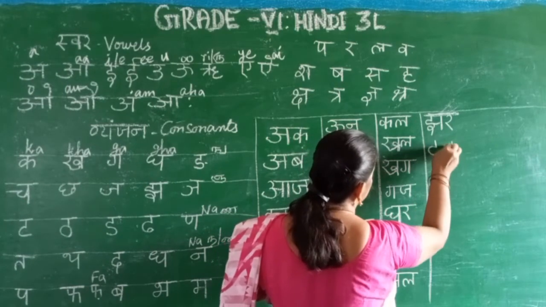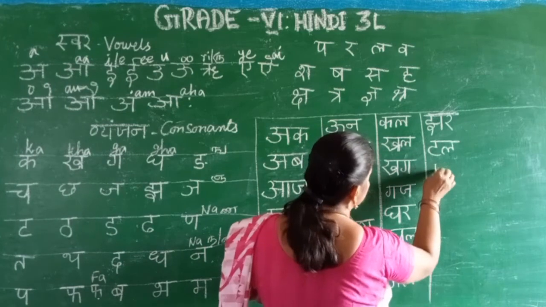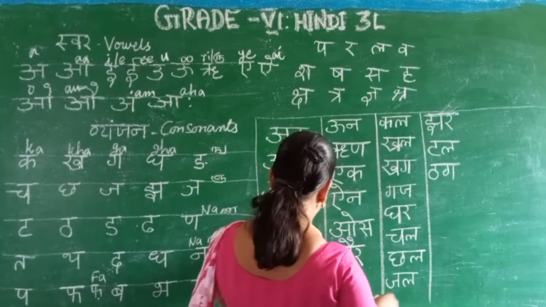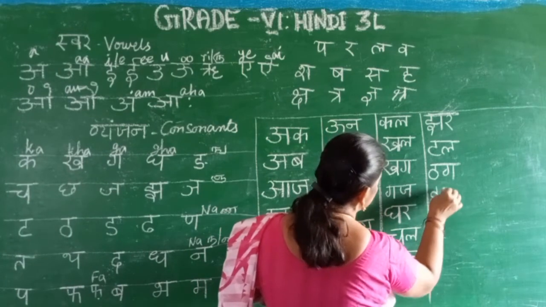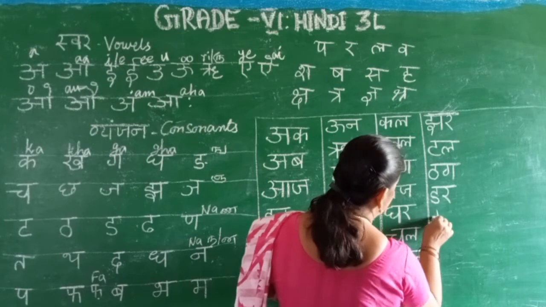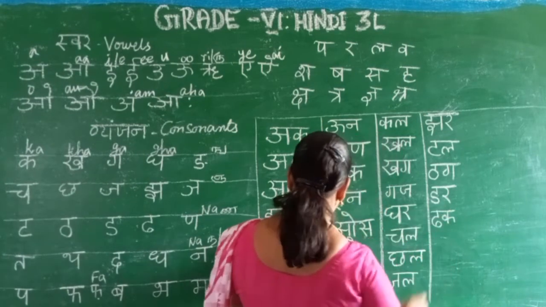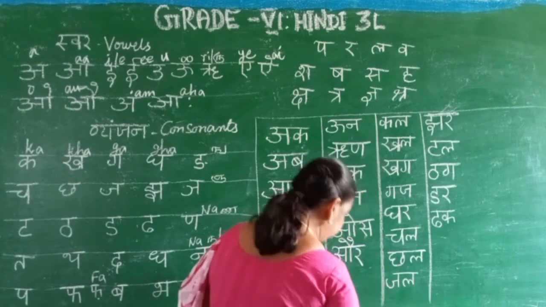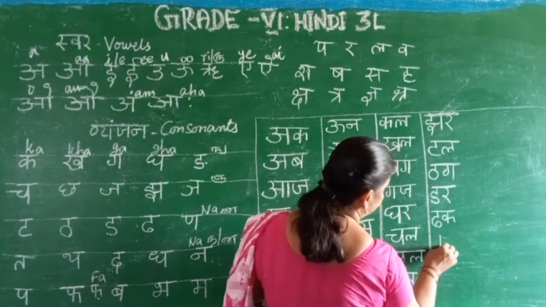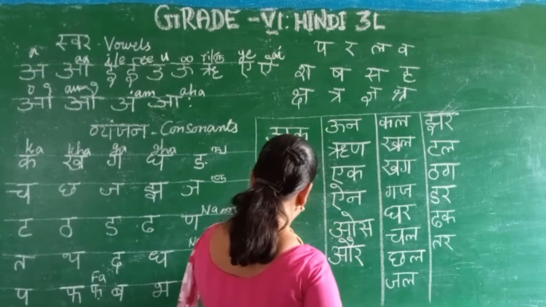Ta, la, tal. And another word. Tha, ga, tag. Da, ra, dar. Da, ka, dhak. And next. Ta, ra, tar.